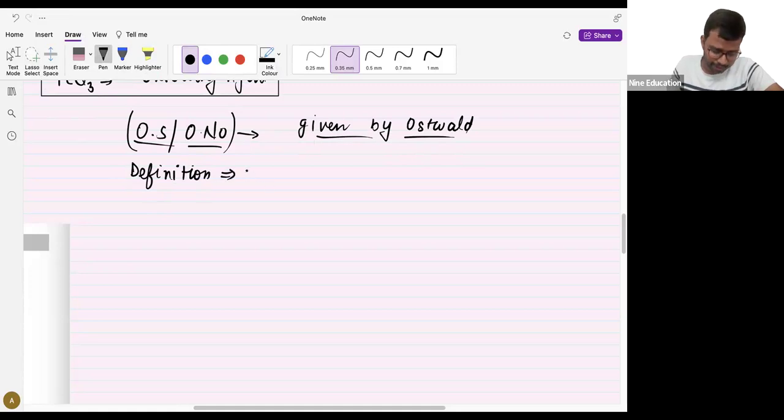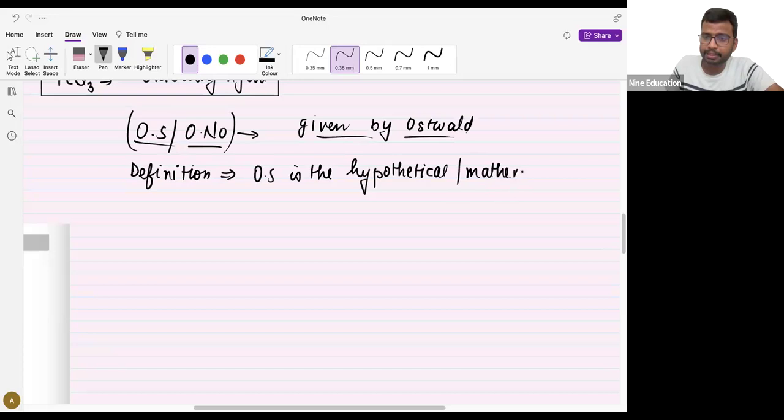See, oxidation state is the hypothetical or mathematical charge.